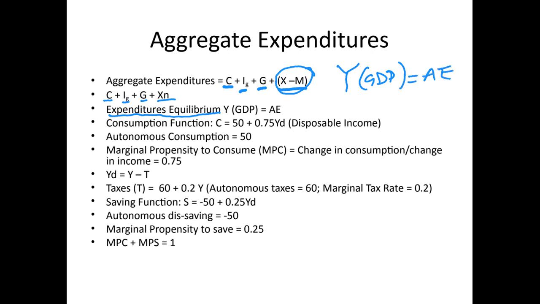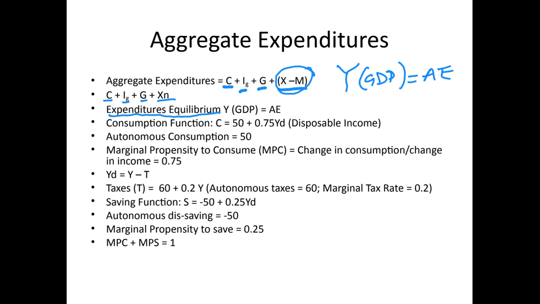This is the meaning of expenditures equilibrium. For example, if Canada produces $1 million worth of goods and services in one specific year, let's say 2022, so in 2022 the total value of all final goods and services produced within the boundaries of Canada was $1 million last year.